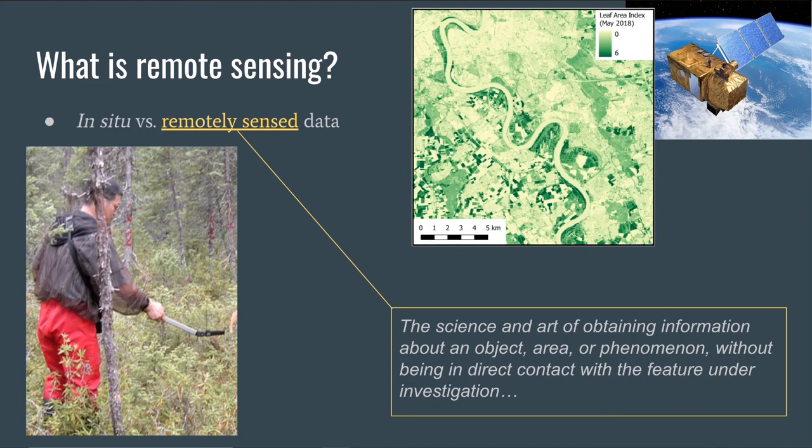He's using an instrument here on the ground to measure how much sunlight passes through the leaves of the plant and hits the ground. That's doing this in situ. He's actually measuring it on the ground to get these numbers. But you can also get this data from a satellite at a slightly different scale at right here. You can compute leaf area index from a satellite via remote sensing techniques.